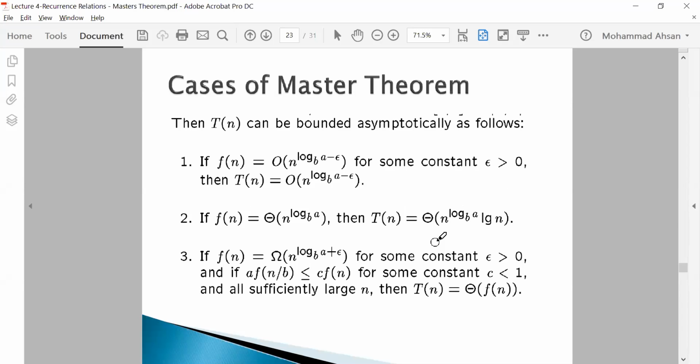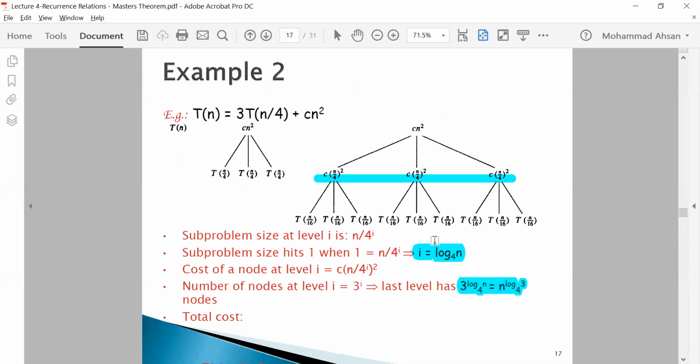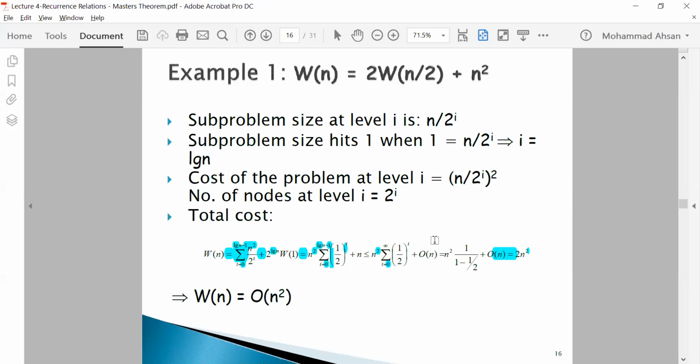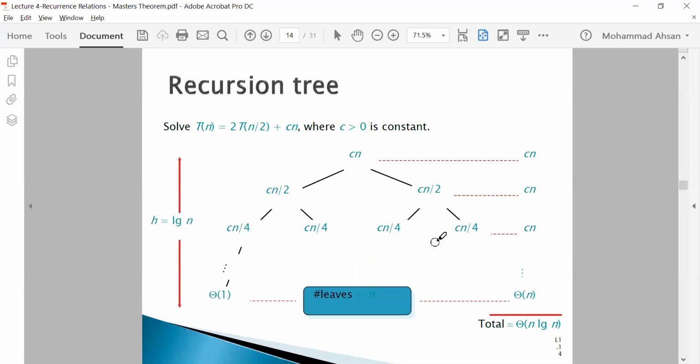If you go back and see what affects the final runtime, it's usually the sum of the series. Like I said here, the cost at every level is cn, and you're doing cn into log n, that's the height. What was this cn?